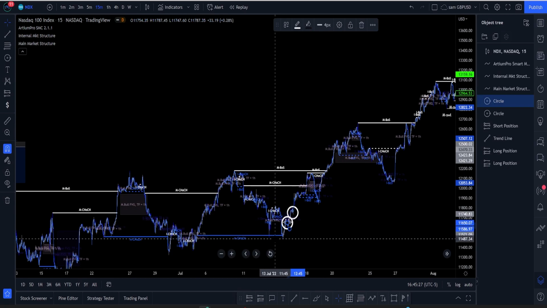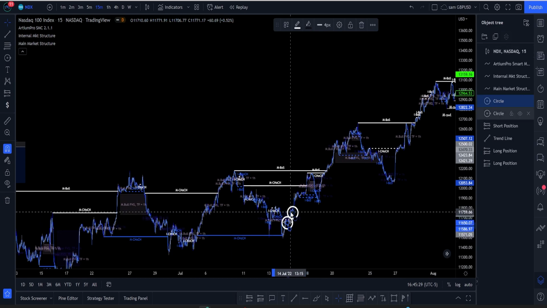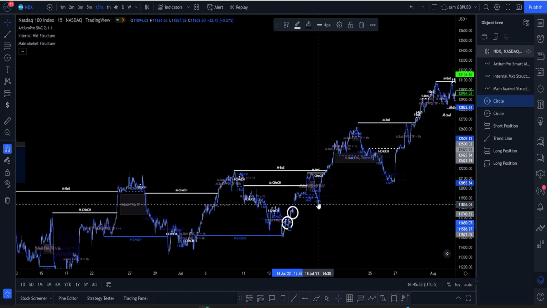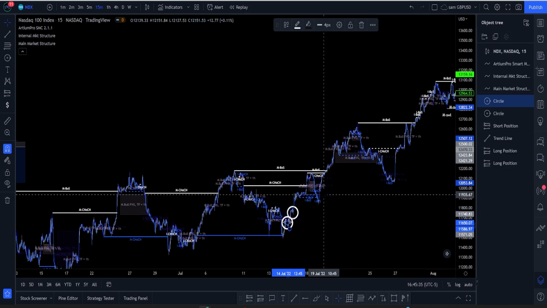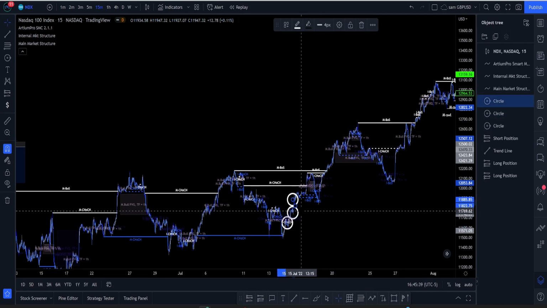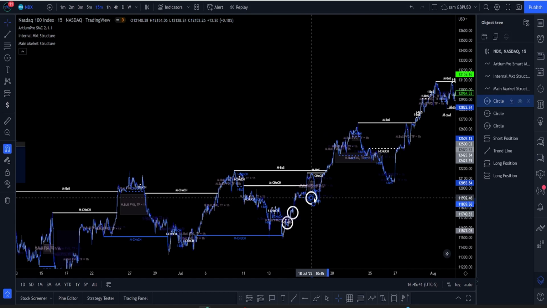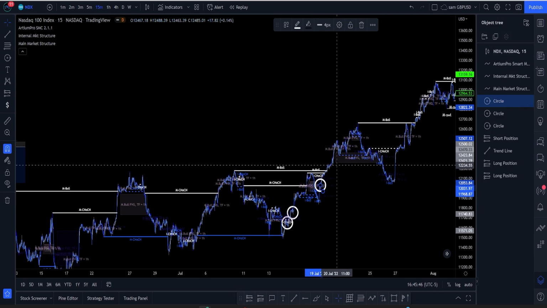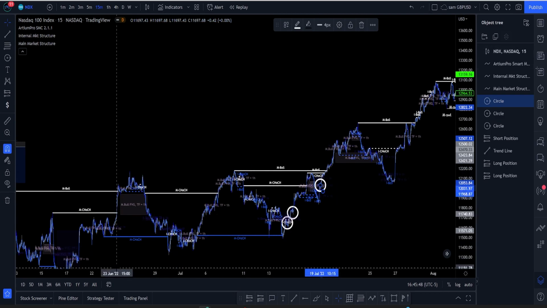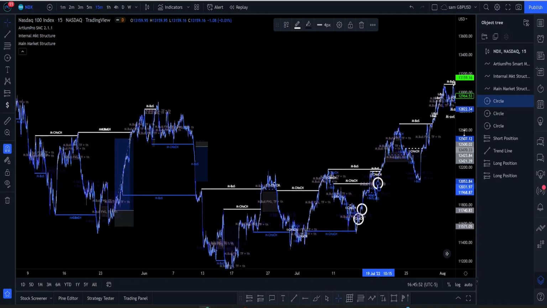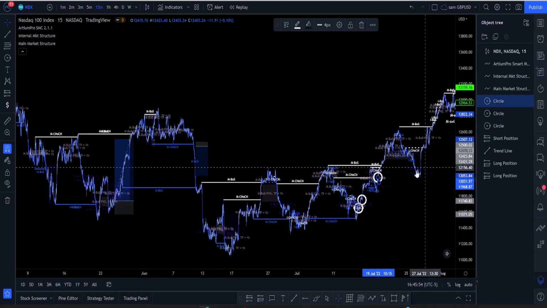So after this bounce right here, you can see this is buying pressure. You can see these internal break structures. You can see a bounce, and you can see the buying pressure continue to go up. So these particular spots, you're going to be looking for longs.